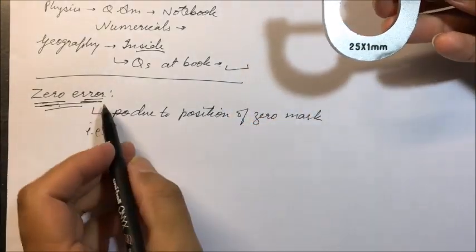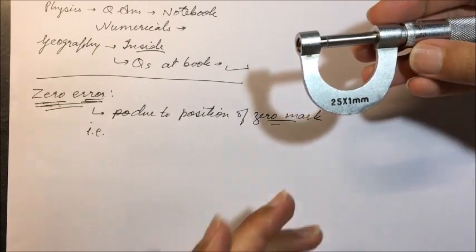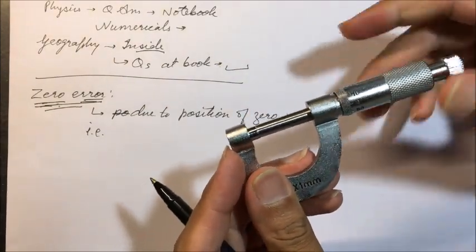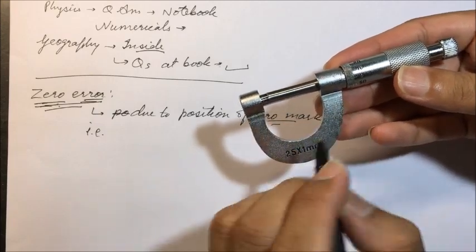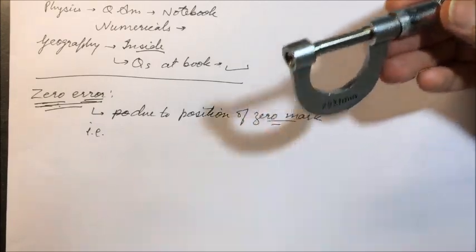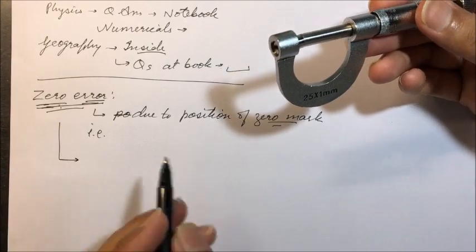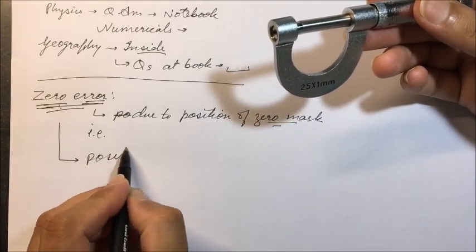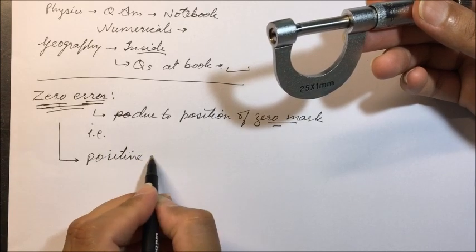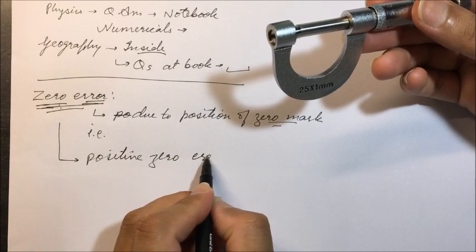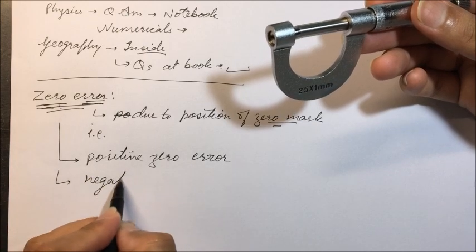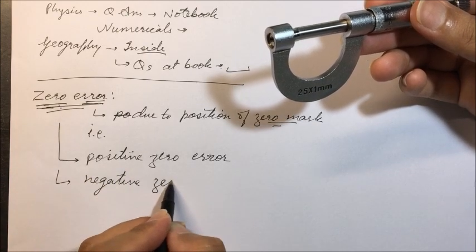So it is because of the position of the zero mark. As the zero is not coinciding with the baseline, we say that our instrument has zero error. Now there are two kinds of error, as in vernier calipers as well: positive zero error and negative zero error.